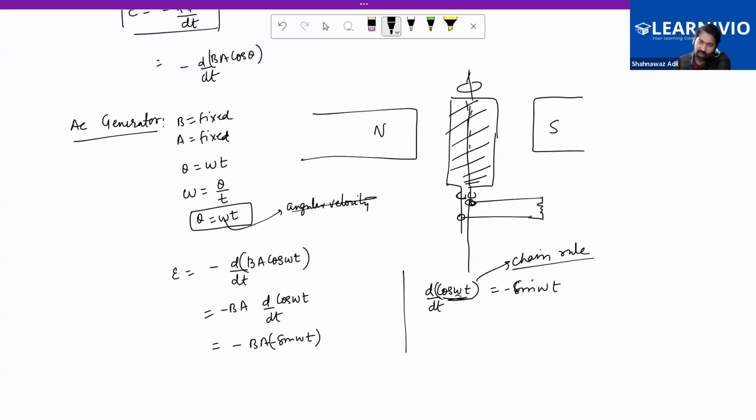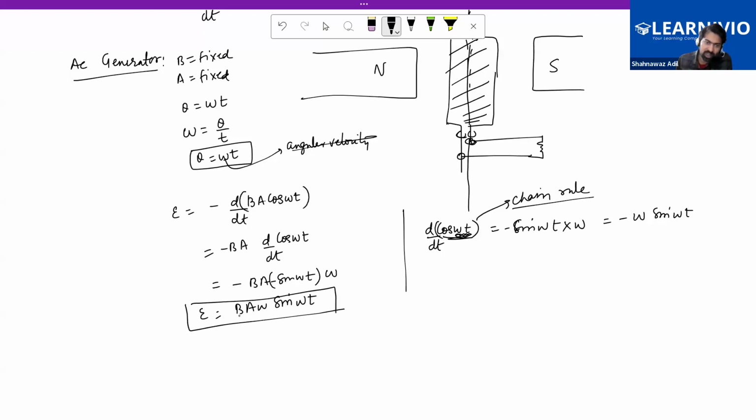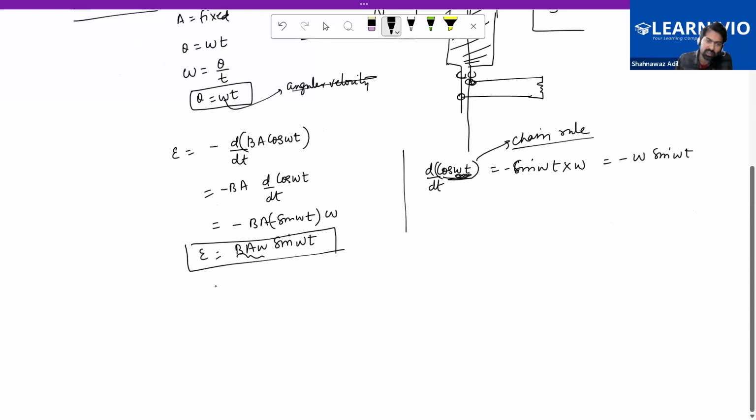Inside this trigonometric function we have this algebraic function, so we take the differentiation of omega t, which is simply omega. So this would be minus omega sine omega t. There would be an extra omega in here. So this would be BA omega sine omega t, and we can treat BA omega as a constant. So this is E naught sine omega t. We can write E equals E naught sine omega t.